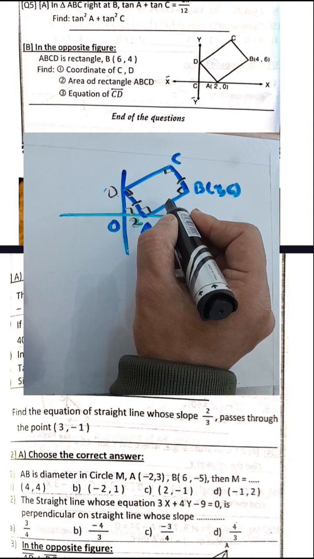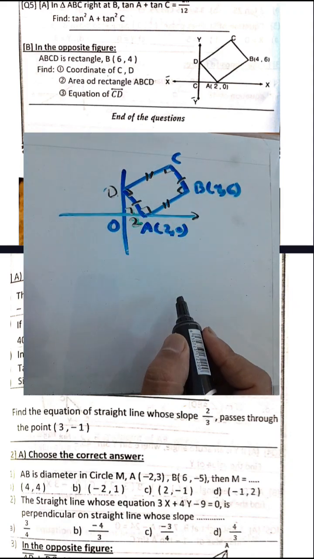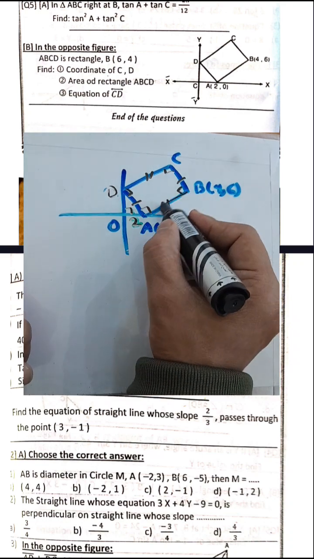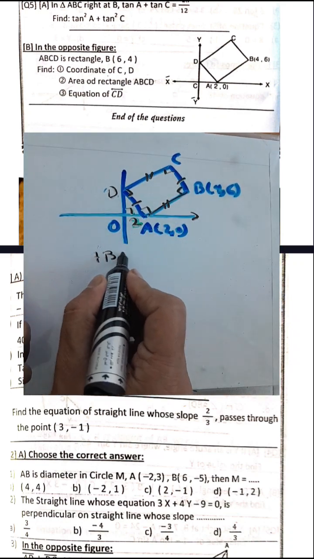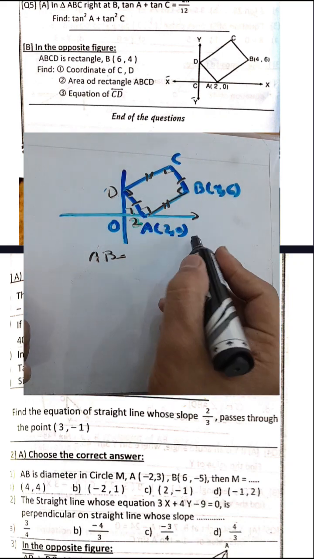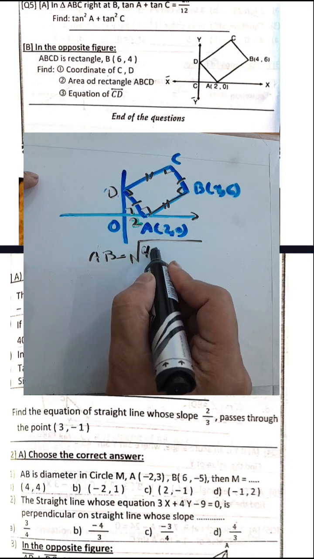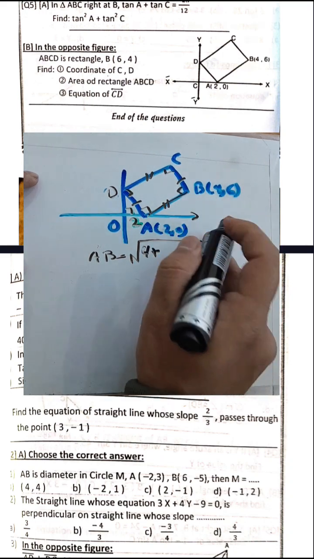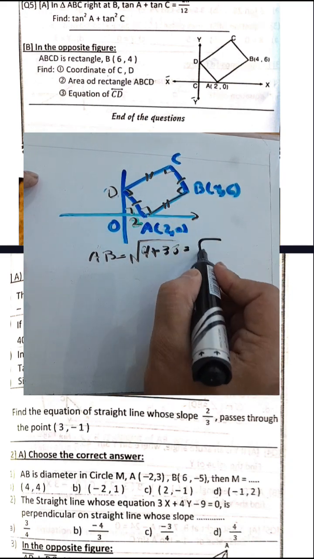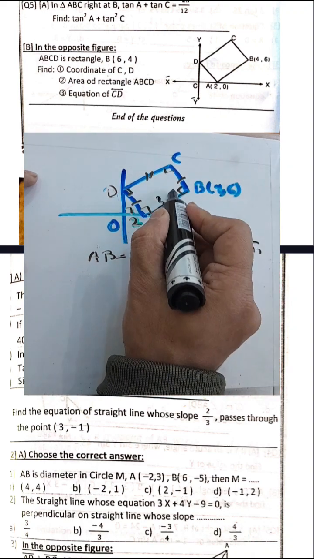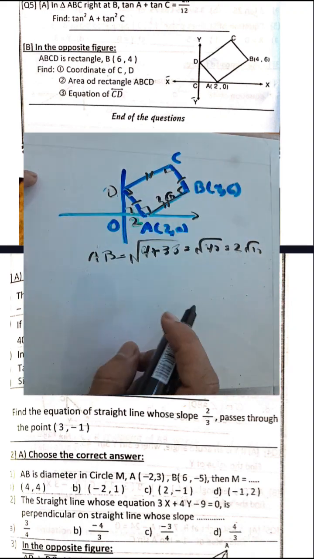We can find the length of AB here. AB equals the square root of 4 minus 2, which is 2 squared equals 4, plus 6 minus 0, which is 6 squared equals 36. The result will be the square root of 40. It will be 2 root 10, this side length.